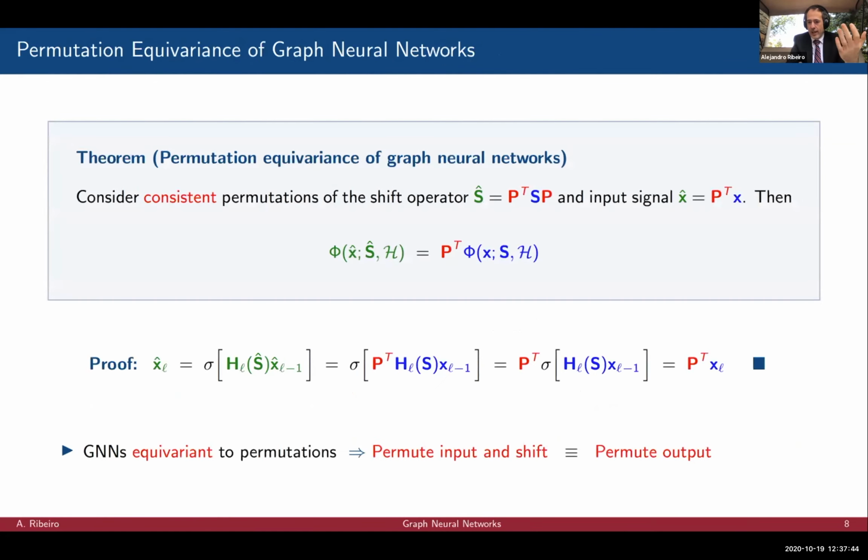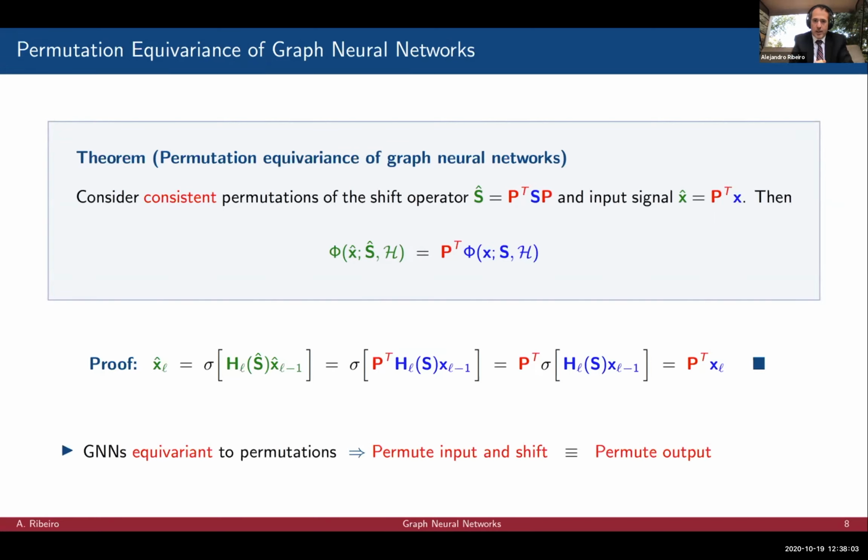In that case, it is another one-liner to show that GNNs are also permutation equivariant. The reason this holds is that the nonlinearity is pointwise. In a sense, the nonlinearity is oblivious to the existence of the graph.